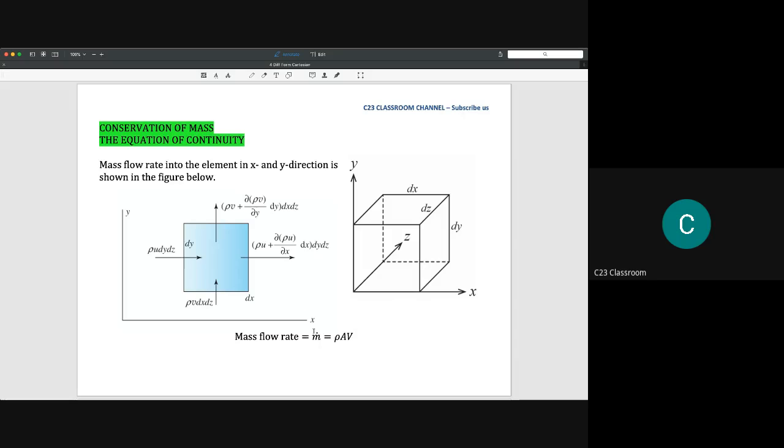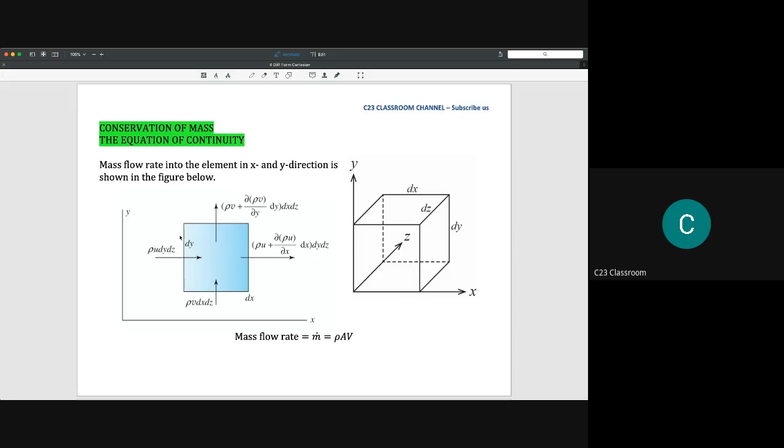We can write it as m dot, which is equal to rho A V, where rho is the density of the fluid flow, A is the cross-sectional area, and V is the velocity. To simplify the start of our calculation for the continuity equation, the conservation of mass, we could start with a simple 2D diagram.